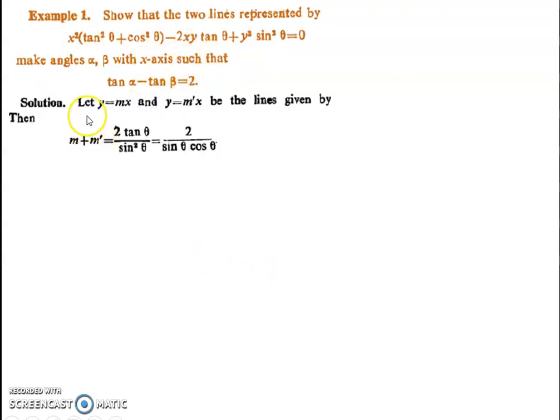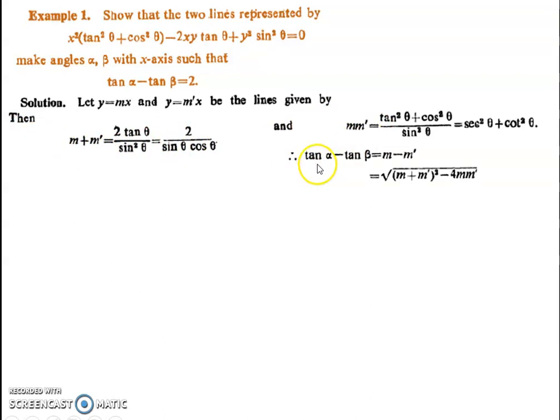So I rewrite again. Show that the two lines represented by this make angles alpha and beta with the x-axis such that tan alpha minus tan beta is equal to 2. Let y is equal to mx and y is equal to m dash x be the lines given by this. Same procedure in every question. This is the sum, and then we have the product, and then tan alpha minus tan beta, that is m minus m dash.